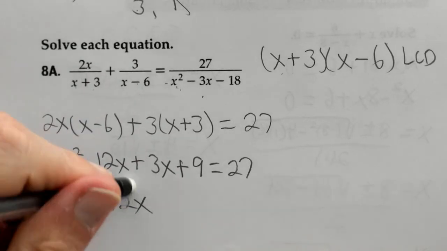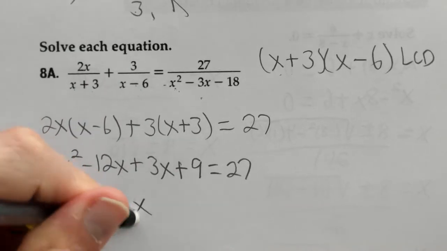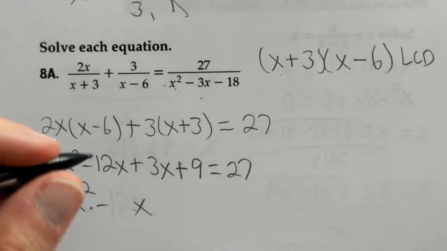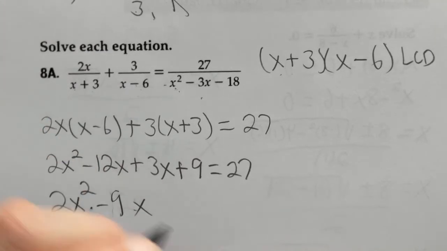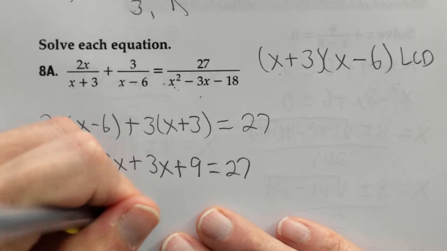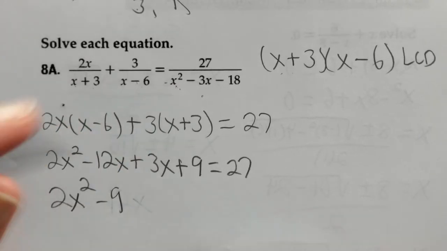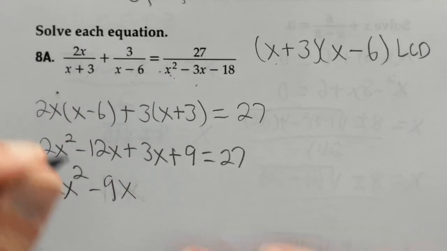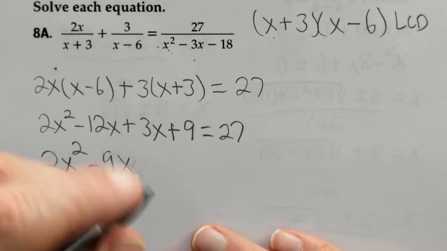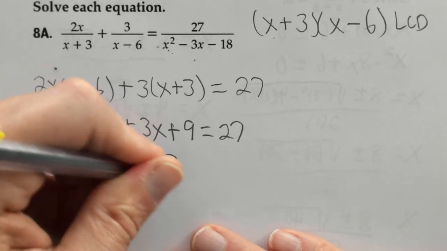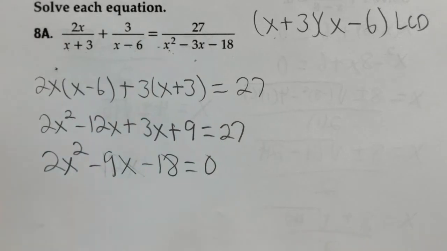I need to combine those together, don't I? I don't need to just leave it like that. Let's put those together and make a negative 9x right there. That would be better. All right, so we'll do that. And then 9 minus 27, I believe, is negative 18. Set that equal to 0.